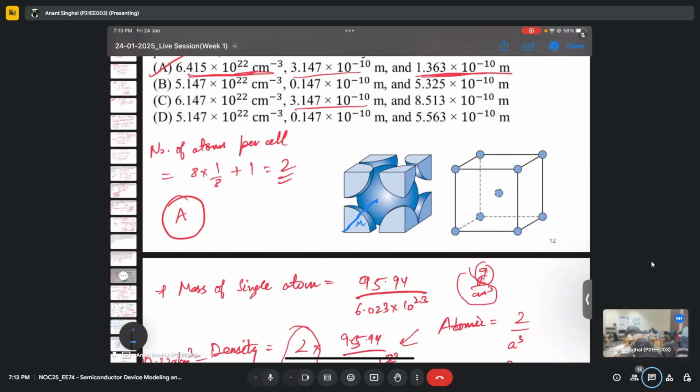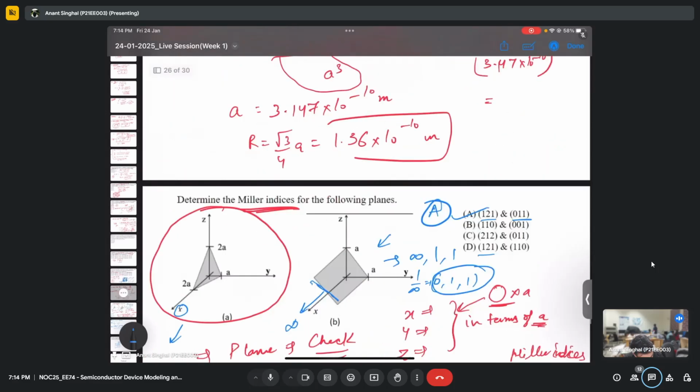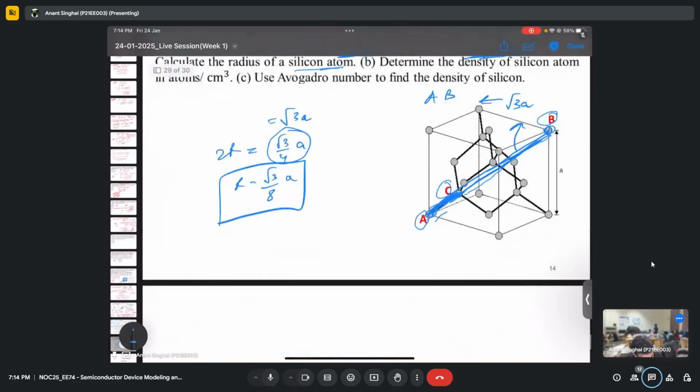This is a diagram for BCC, but if it had been for FCC, there would have been half R more. So this 2R is nothing but root 3 A by 4. That is what I wrote there. Is it clear? This 2R is root 3 by 4 A. Please let me know if this is clear.